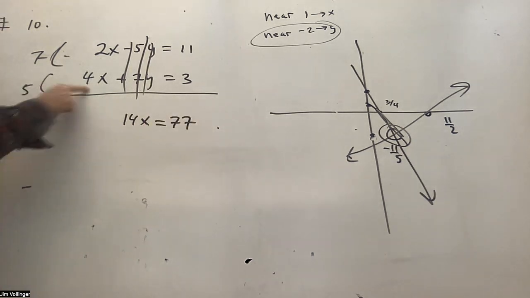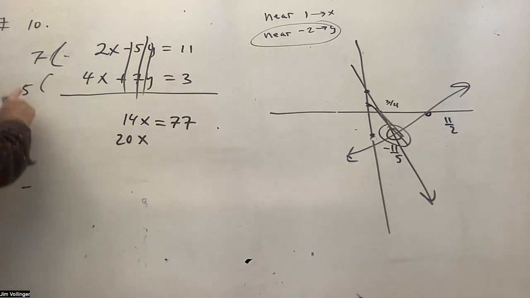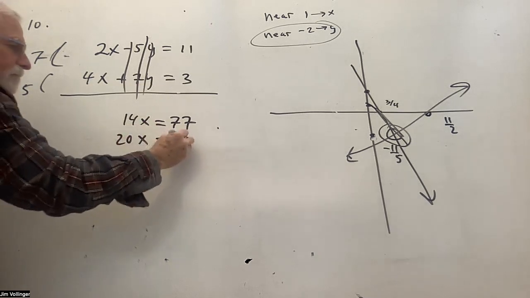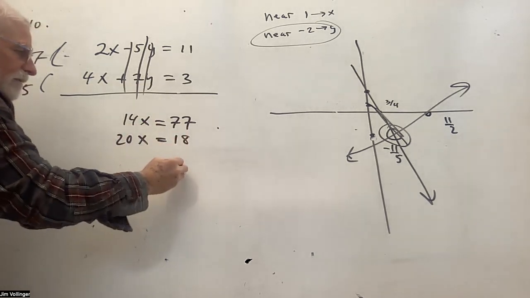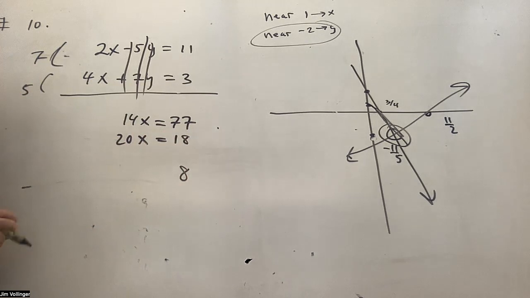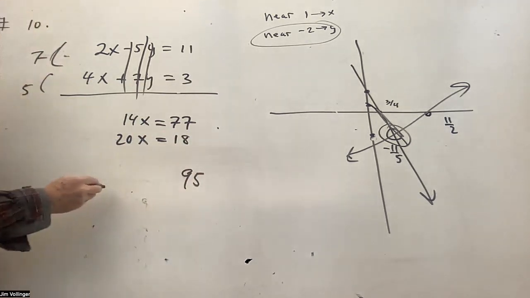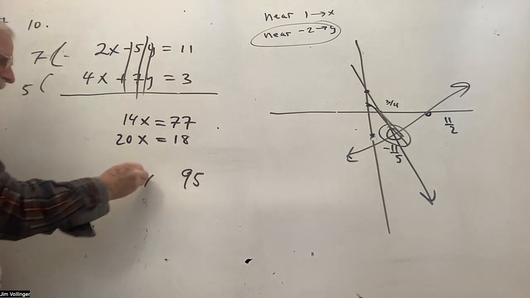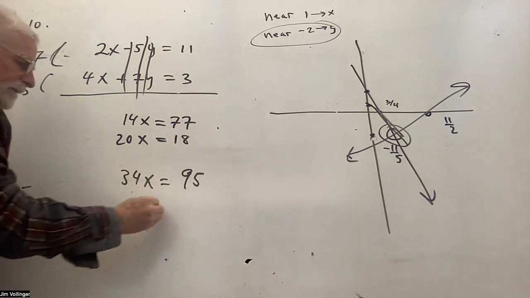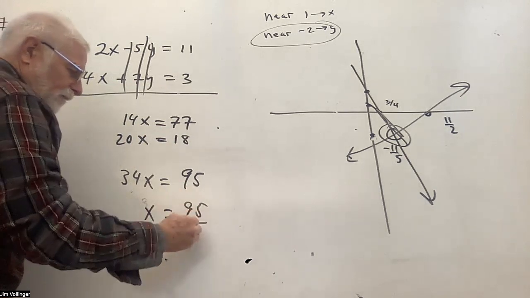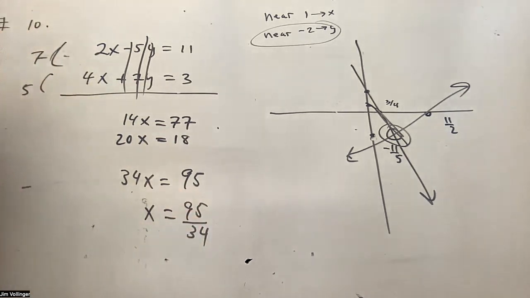Ooh. 20x. 15. All right, so that's 87 and 8. Oh, God, gee. 95. I think I'm almost done here. 34x equals 95. So x equals 95/34, which is a little bit bigger than 2.